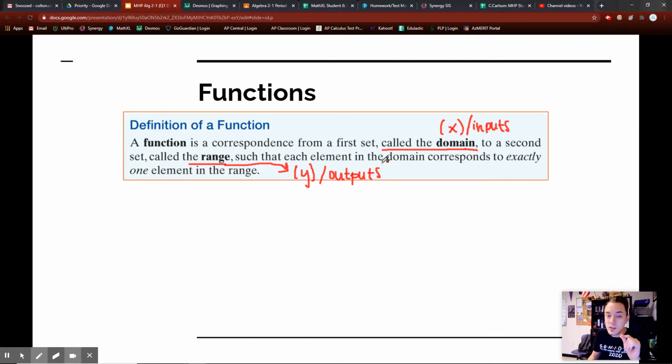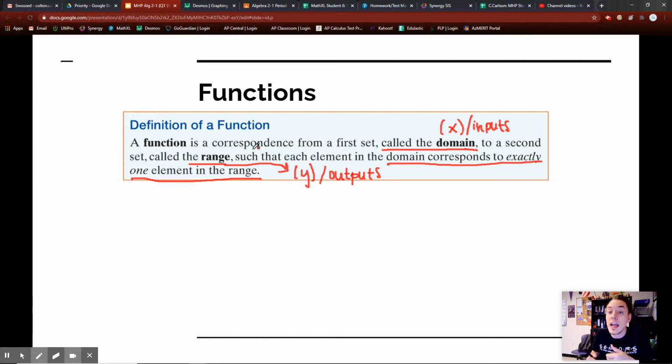But here is what truly makes a function. Now watch this. Such that each element in the domain corresponds to exactly one element in the range. Each element in the domain corresponds to exactly one element in the range.